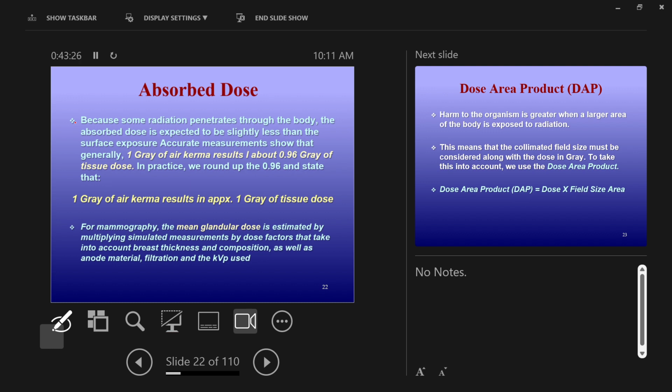So when you see an exam that says the entrance skin exposure is like 5 milligray, that's going to be their absorbed dose. It's not exactly that, but for sloppy purposes, that's what we're going to call their absorbed dose. We're going to say that whatever they're exposed to is how much they absorb. So all of that precursor talk that I just gave, you can be exposed to an amount, but you always absorb a little bit less.